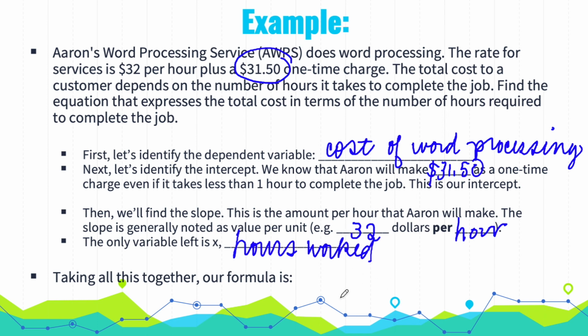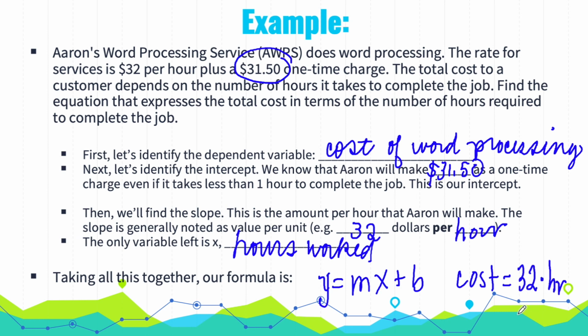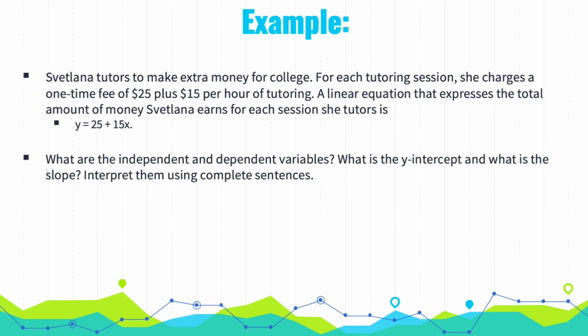If we put this all together, we would say y equals mx plus b, which is like saying the total cost is $32 per hour plus the one-time fee, which is $31.50. We can use this equation to then predict how much it would cost if Aaron had to spend a specific number of hours. Let's look at another example.